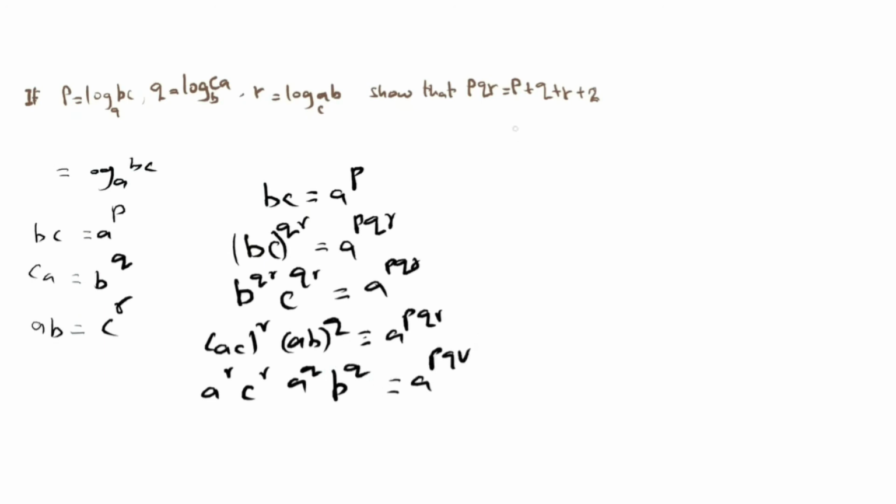There is no change. So now what we write is, we know c to the power r is ab, and we have a to the power r plus q. C to the power r is ab, and what's b to the power q? B to the power q is ca. On the right hand side nothing has changed, a to the power pqr.